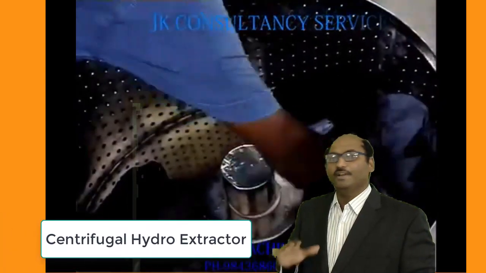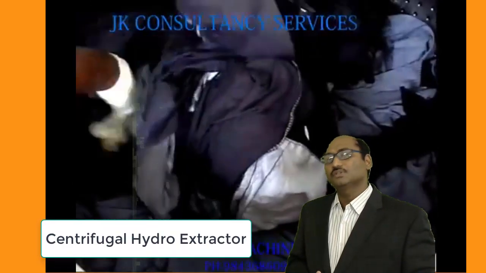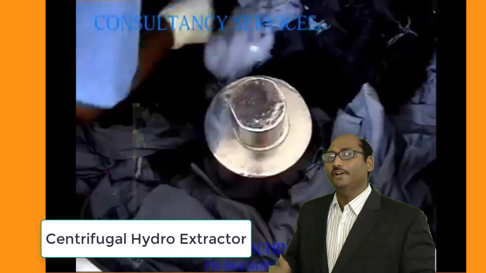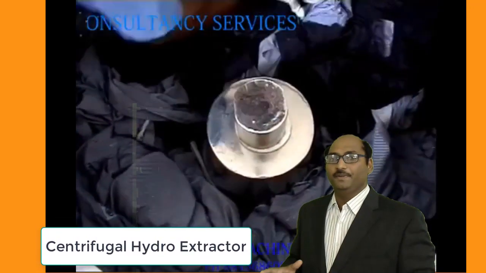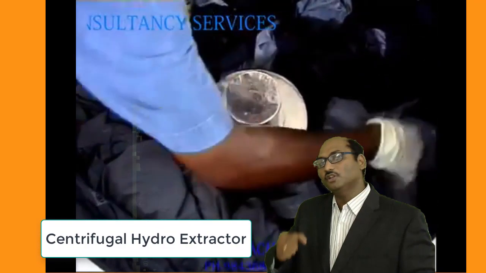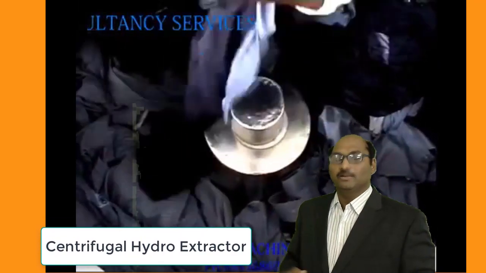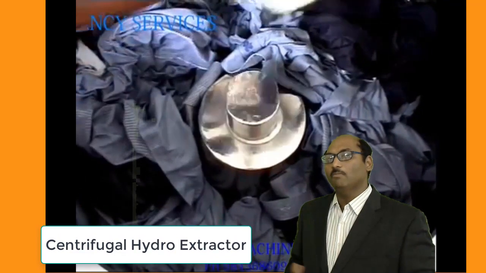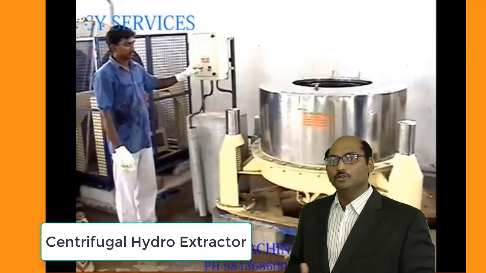The operation is pretty simple, whereas it works with centrifugal force, where rotation of the drum at a very high speed causes the moisture to leave from the garments or the textile substrates. So it can be combined with different dyeing also.